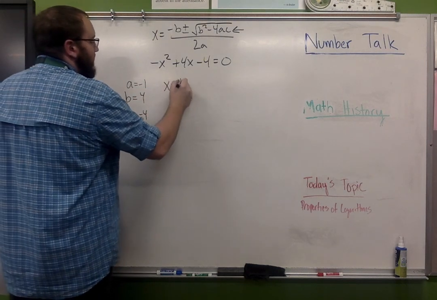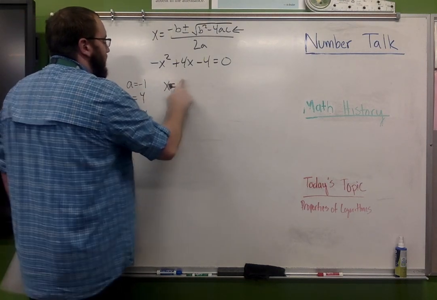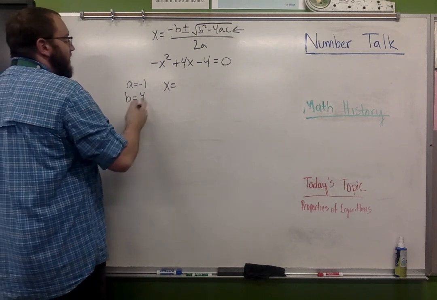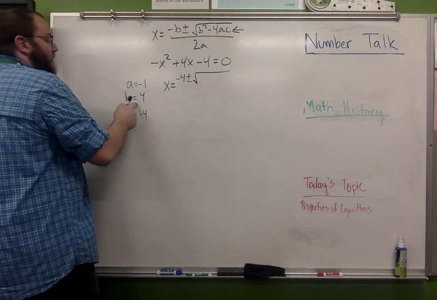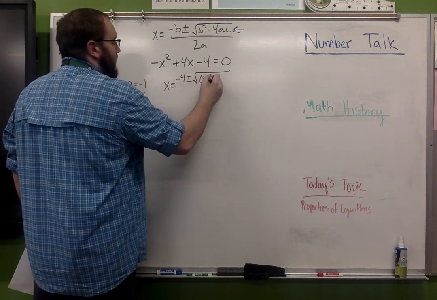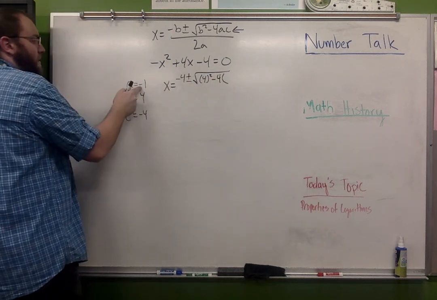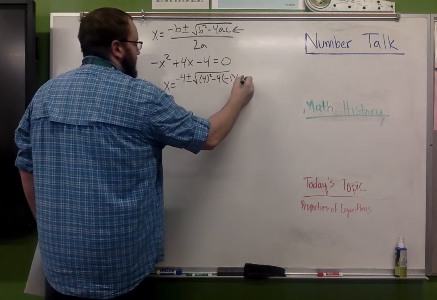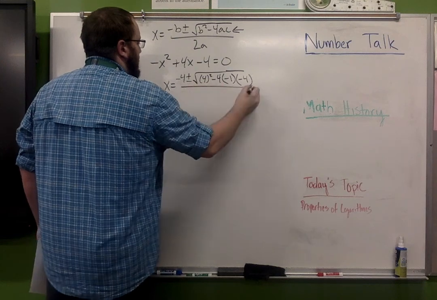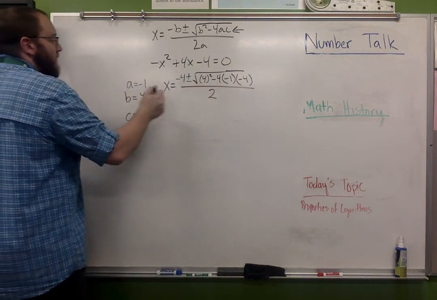So x equals, come on, that's my fault. X equals negative b, so negative 4, plus or minus the square root of b squared minus 4 times a times c, all over 2 times a.